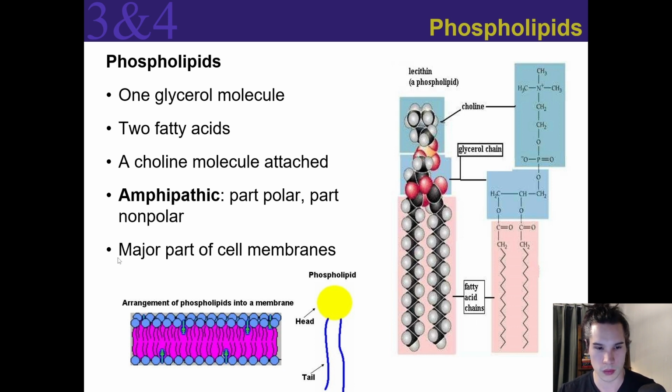All right. So phospholipids, I forgot to mention, are going to be the main component of our cellular membranes. You might have heard the term phospholipid bilayer before. So here is an example of a phospholipid bilayer where the blue heads are the polar choline area, and then the little fatty acid tails are these little black lines here, or this magenta area.